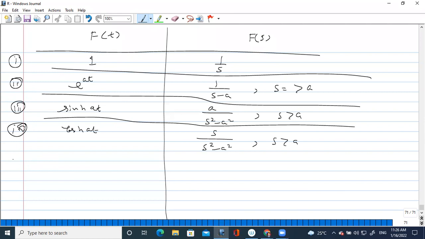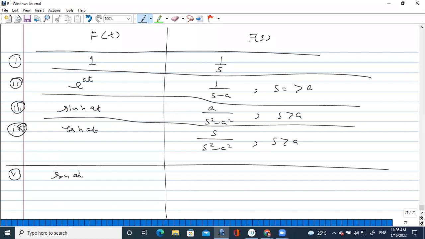Here also s greater than a. Now next comes number 5, sin at. For sin at it was a upon s square plus a square. Now both are positive here, so no need to write s greater than a. Cos at is s upon s square plus a square.